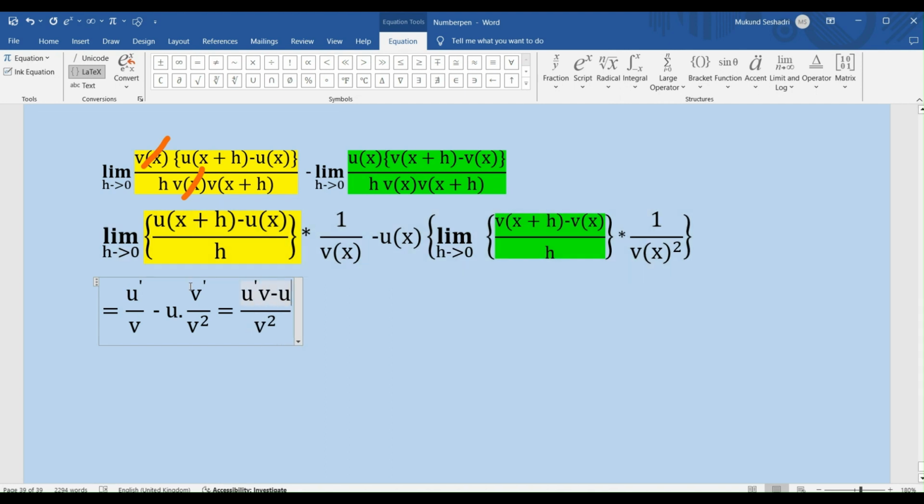It remains as u into v dashed. So that's how we arrive at the quotient rule in differentiation.